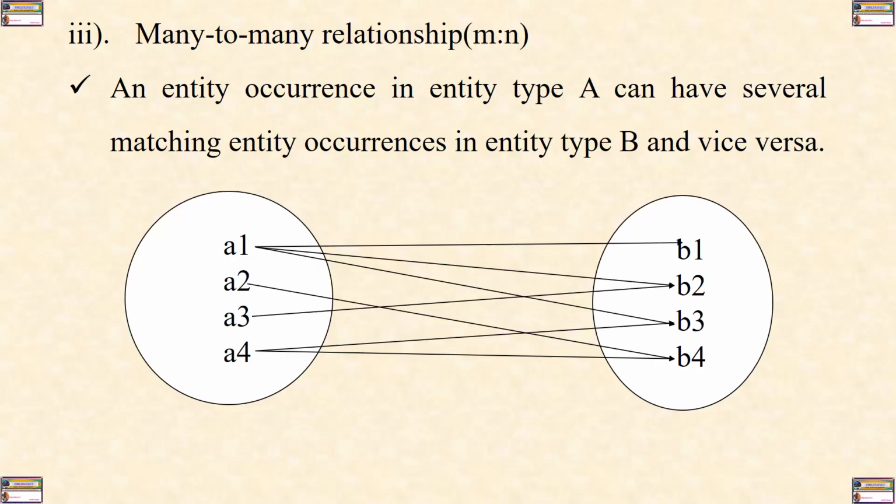Field B2 in the second table has two relationships with table A. It is related to A1 and to A3. That's what we mean. So you can see there are several matching entity occurrences in both tables, table A and table B.